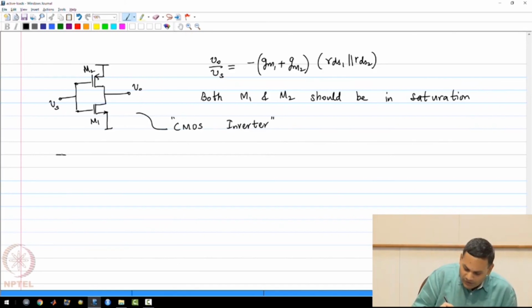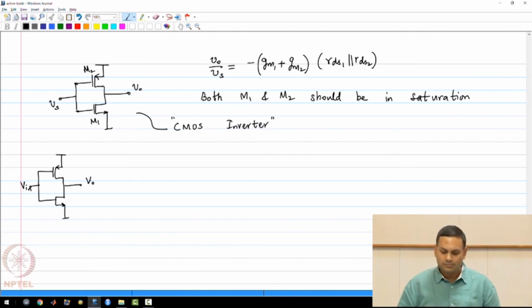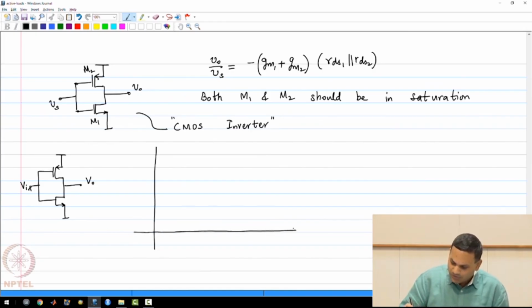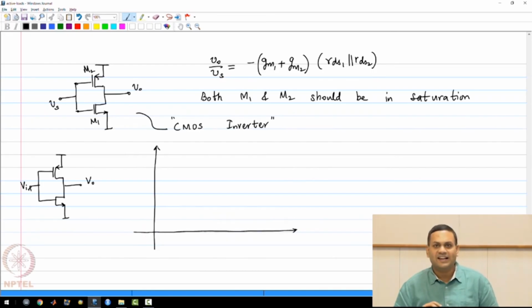So if you were to take this circuit and apply a DC voltage Vin and look at the output DC voltage Vout, I will give you the curve here. I encourage you all to study the circuit and analyze how this happens.